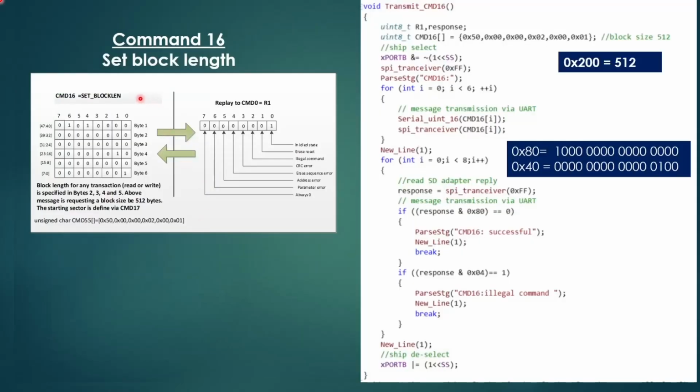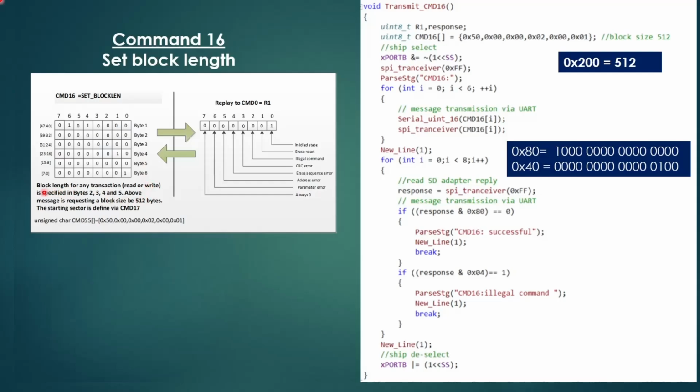Okay, so command 16, as usual, has our 6 bytes. Byte 1 is the command number, which is command 16, but the number that we use is hex 50. Then bytes 2, 3, 4 are going to contain the arguments needed for the command.